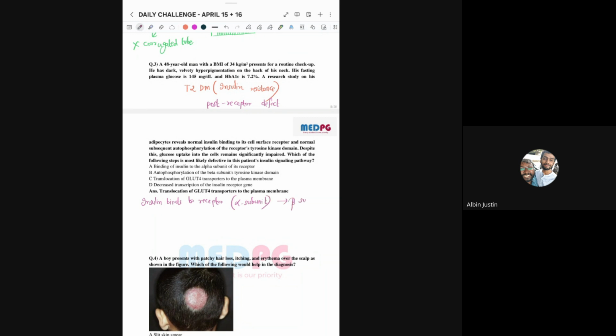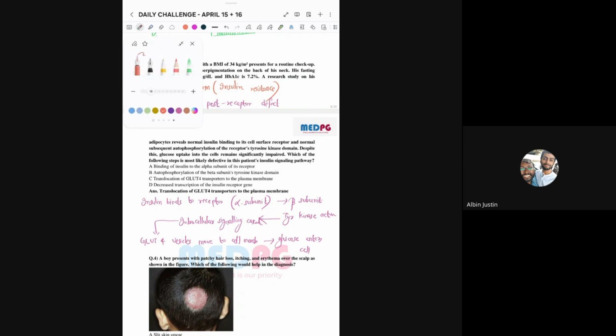Then in the beta subunit, there is tyrosine kinase activation, followed by the intracellular signaling cascade pathway, followed by GLUT4 vesicles moving to the cell membrane, followed by glucose entering the cells.